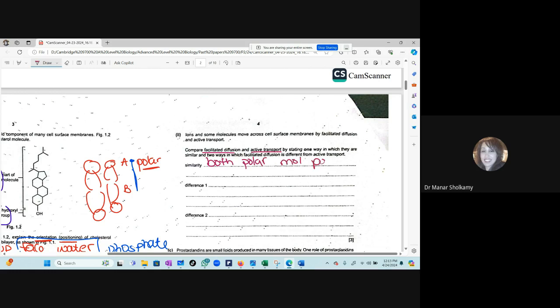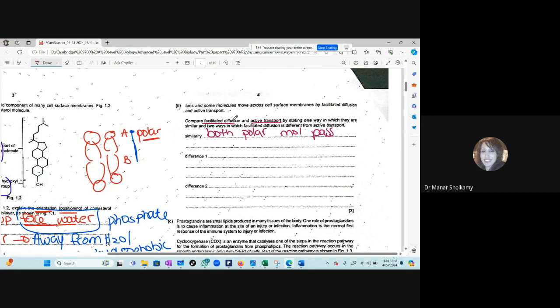Now, give me two differences. Kareem, can you give me a difference between facilitated diffusion and active transport? Very easy differences. This is an O-level question, Kareem. Adham.